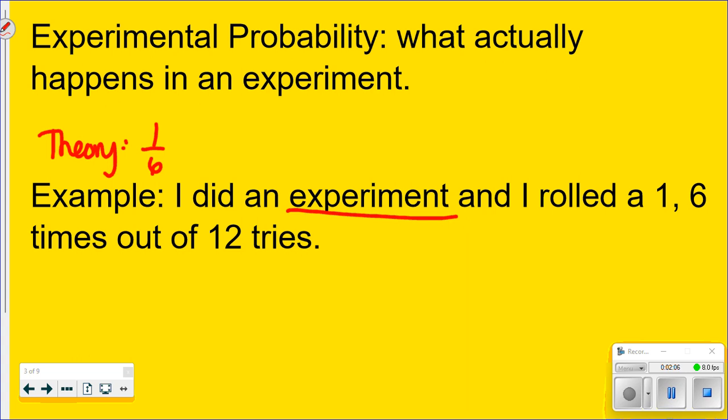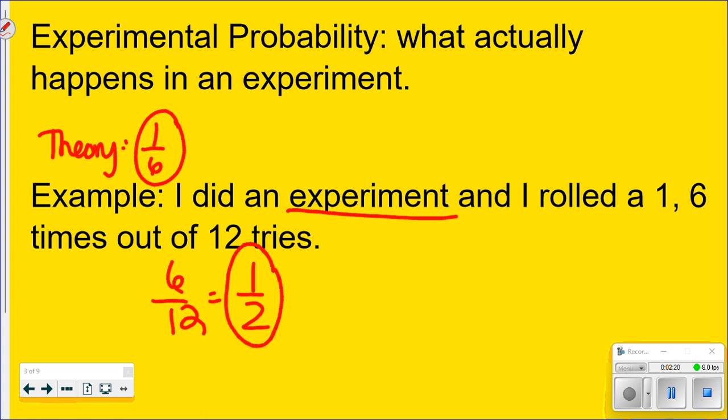My experimental probability would be 6 out of 12, or if I reduce it, 1/2. So in theory, this is what was supposed to happen, but after I ran my experiment, this is what happened. That's the difference between the two, and I'm going to talk about this again.